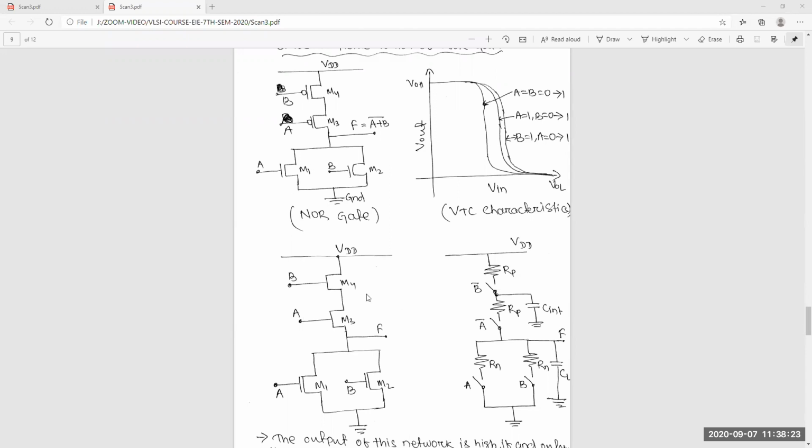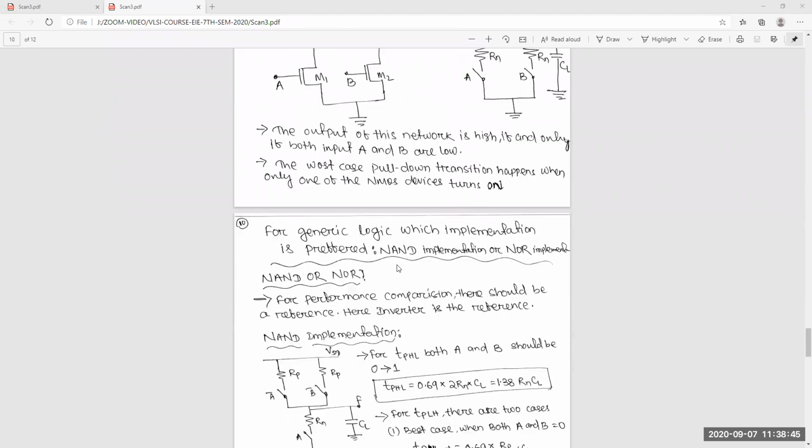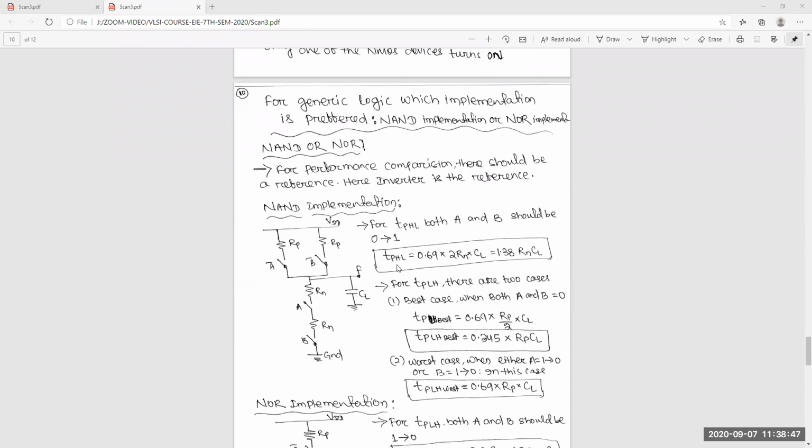A lot of circuits we can do either by NOR implementation or by NAND implementation, but which one will be preferred? That we'll discuss.